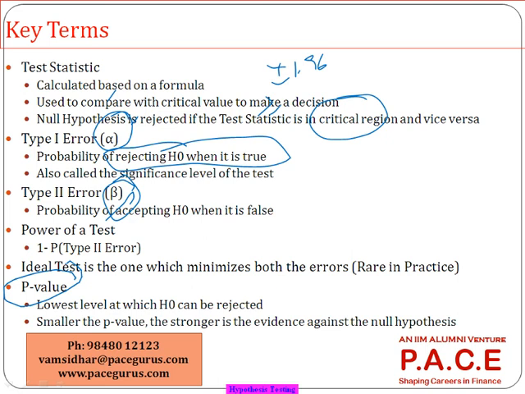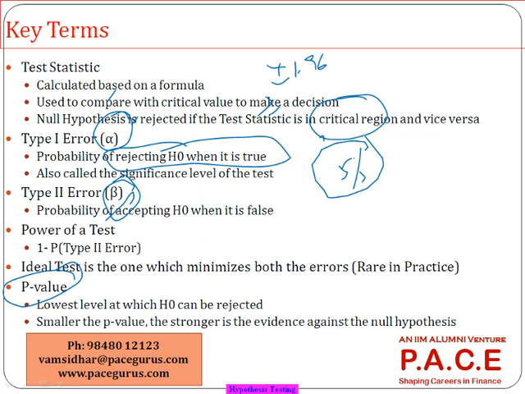So if the p-value is very, very small, there is very strong evidence against the null hypothesis. If the p-value is anywhere less than the significance level, let's say I have set the significance level as 5%, and the p-value comes much lesser than 5%, I can automatically reject the null hypothesis and go with the alternate hypothesis.